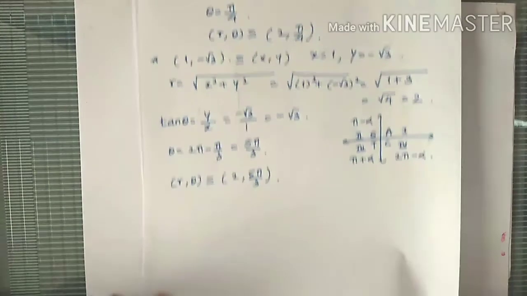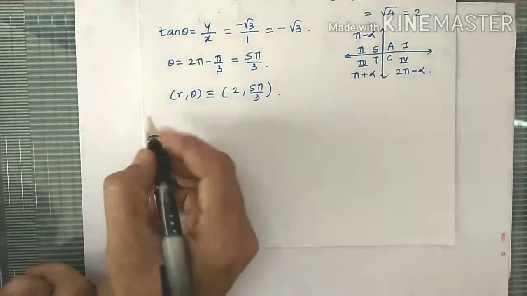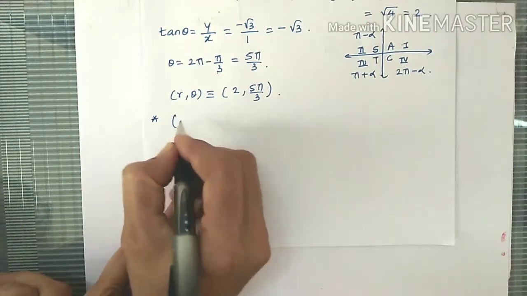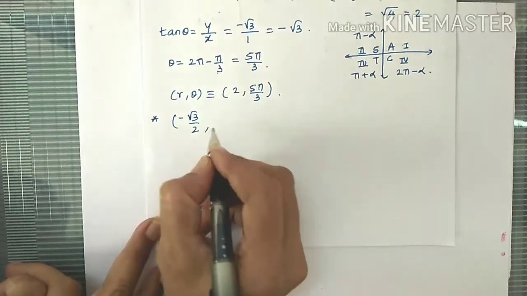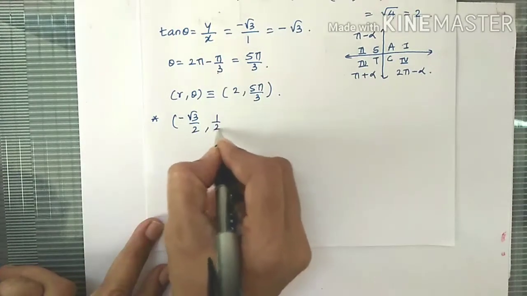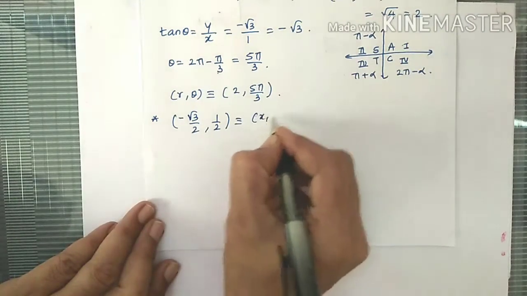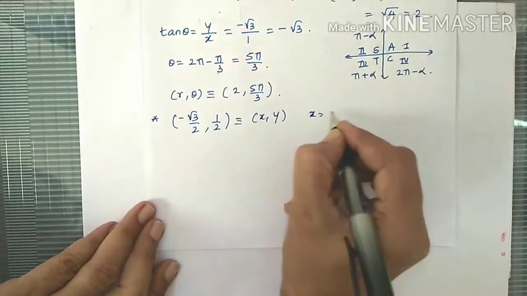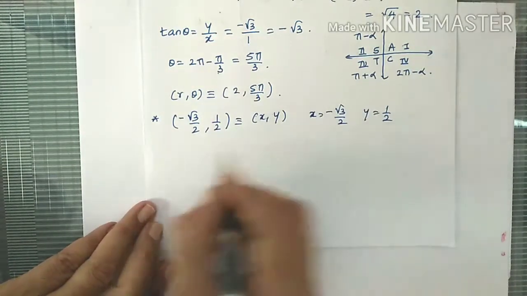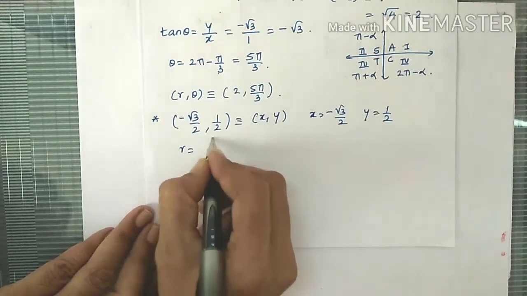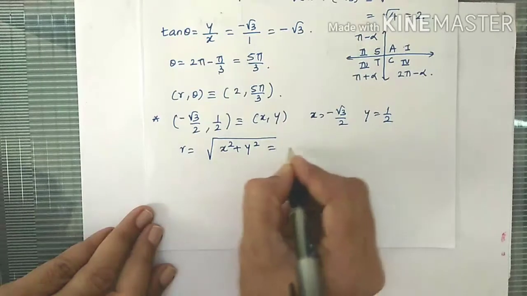Okay, let's take one more example so that this will be more clear. Let's take minus root 3 by 2, 1 by 2. Okay. So now comparing with x and y, value of x is minus root 3 by 2 and value of y is half. So first let's find out r. r is root x square plus y square.